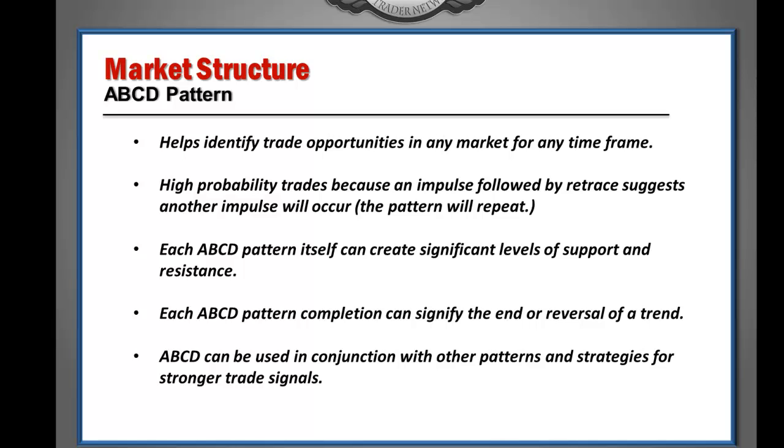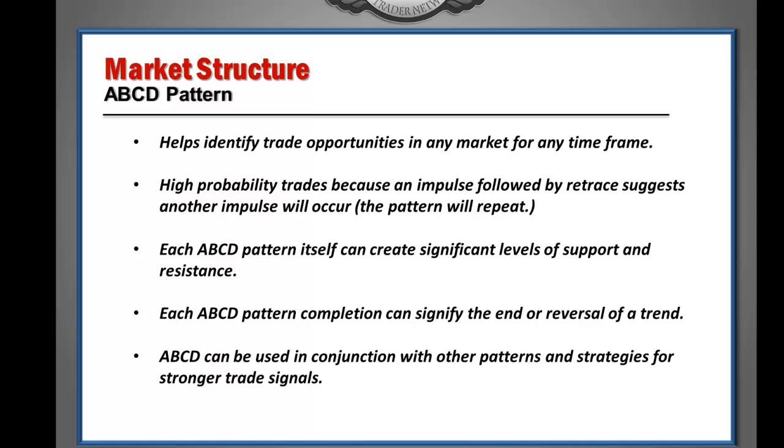So they are part of our significant levels of support and resistance. And traders, when you get really good at recognizing ABCD patterns, and we're going to bring these in when we talk more about advanced pattern recognition, each ABCD pattern where AB equals CD can signify the end or reversal of a trend or of the overall market momentum in a certain direction.